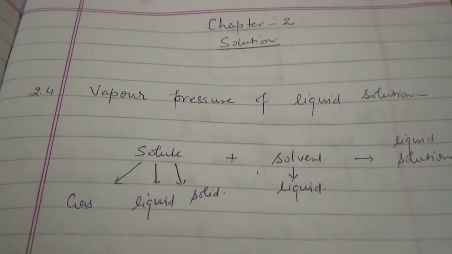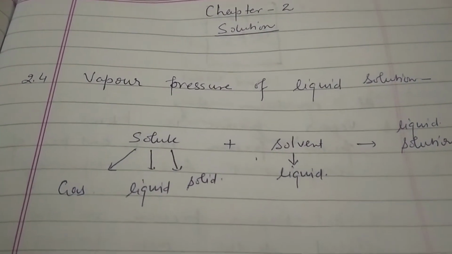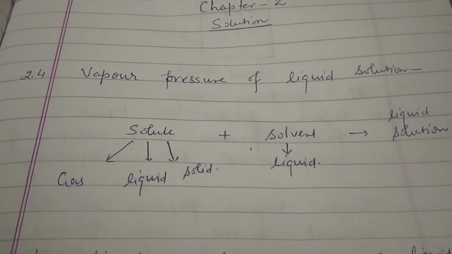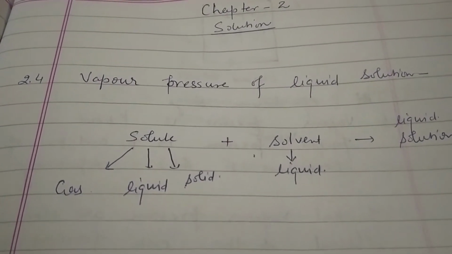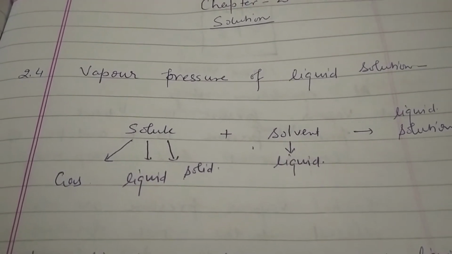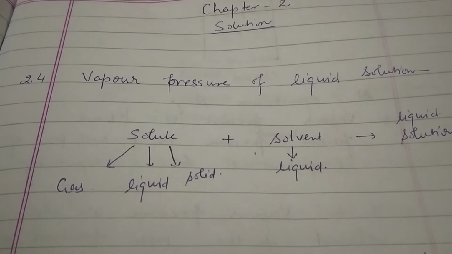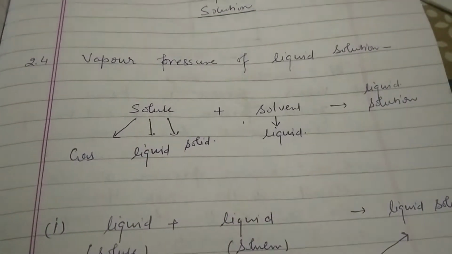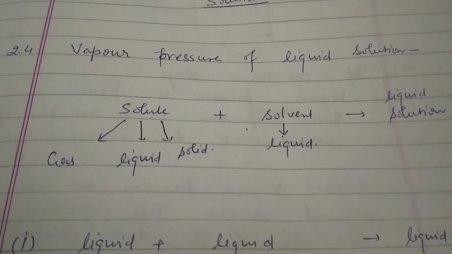We continue the same chapter, that is solutions, and the next topic is the vapor pressure of liquid solutions. You know that we studied binary solutions, and a binary solution means one of two components is involved.